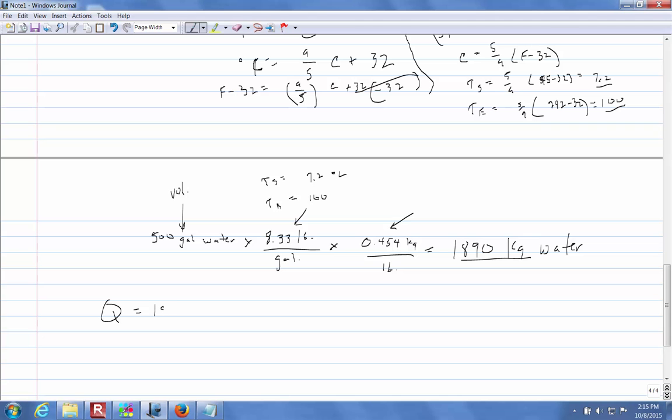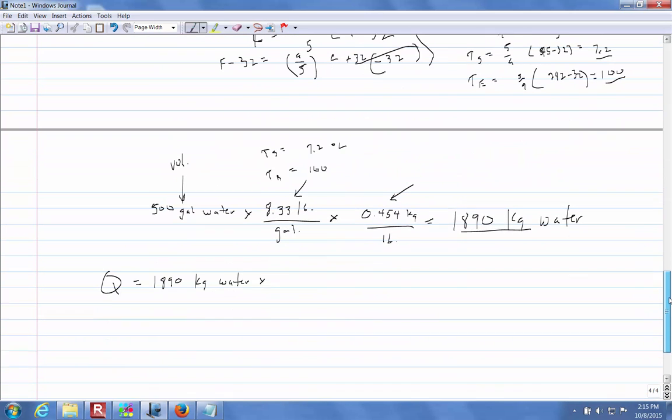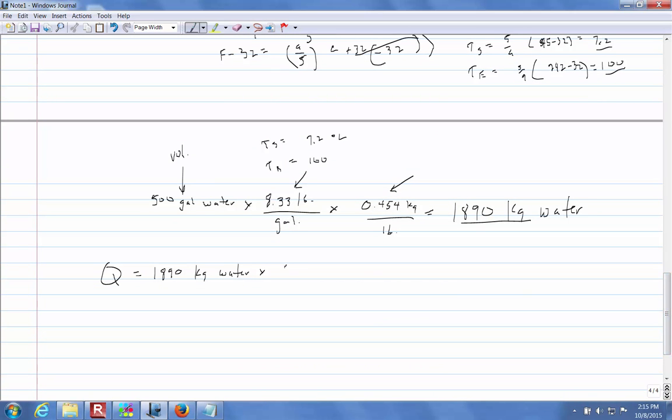We got approximately 1,890 kilograms of water. Our next thing was the C sub P, MC sub P, which is 4,200 joules per kilogram per degree Kelvin times the difference in temperatures.